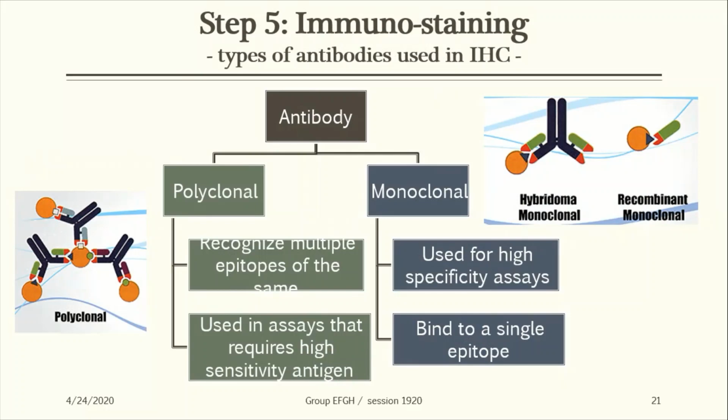Epitope means the part of the antigen molecule to which the antibody attaches itself. As we can see here, there's only a single one, whereas polyclonal recognizes multiple epitopes of the same structure, hence it can bind to multiple at the same time.